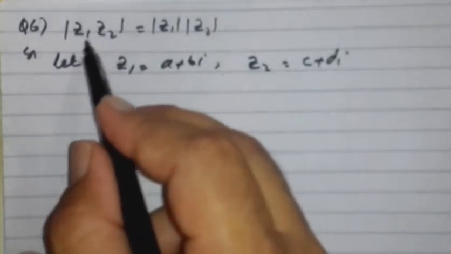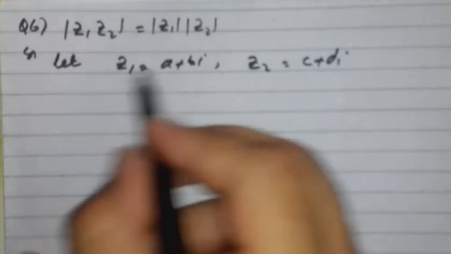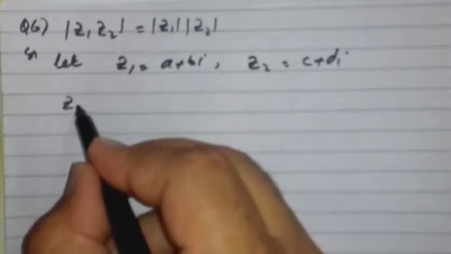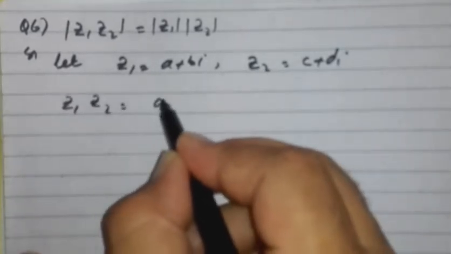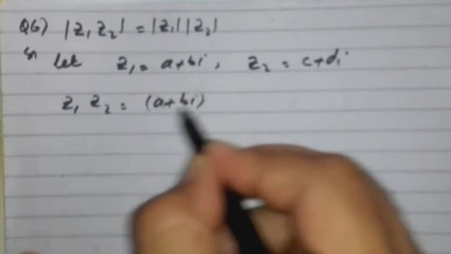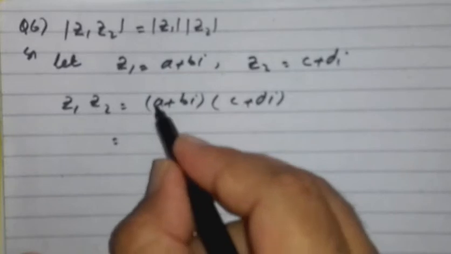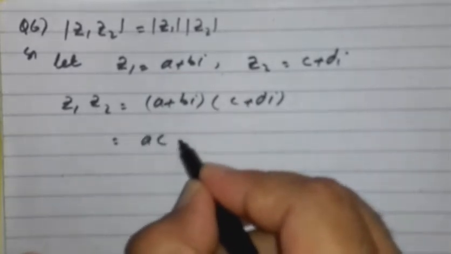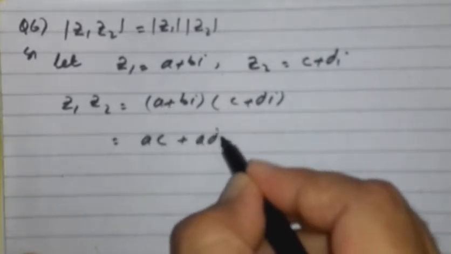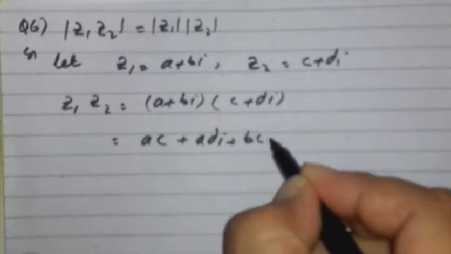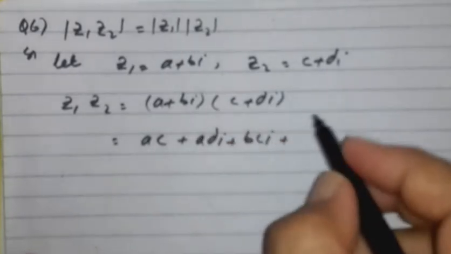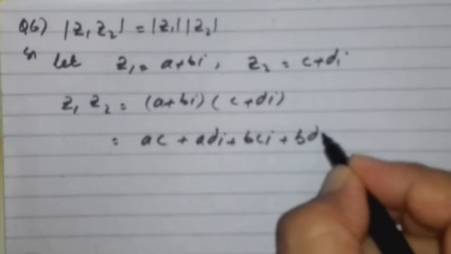Now first of all we will find the product of z1 z2: a plus b iota into c plus d iota. Now we get ac plus ad iota plus bc iota plus bd iota square.